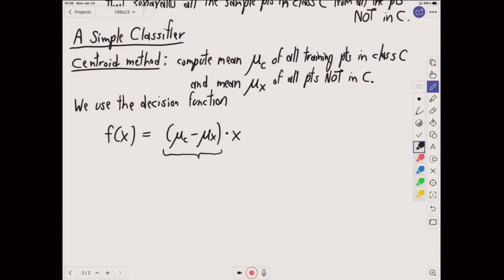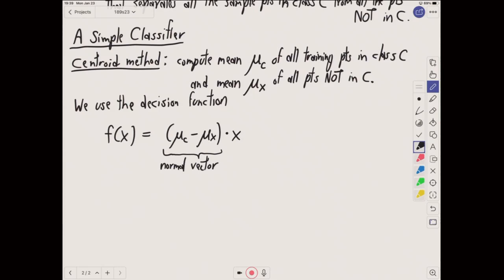So we want a hyperplane that separates class C from class not C, or call it class X. This vector from mu C to mu X will be perpendicular to probably a pretty good hyperplane.